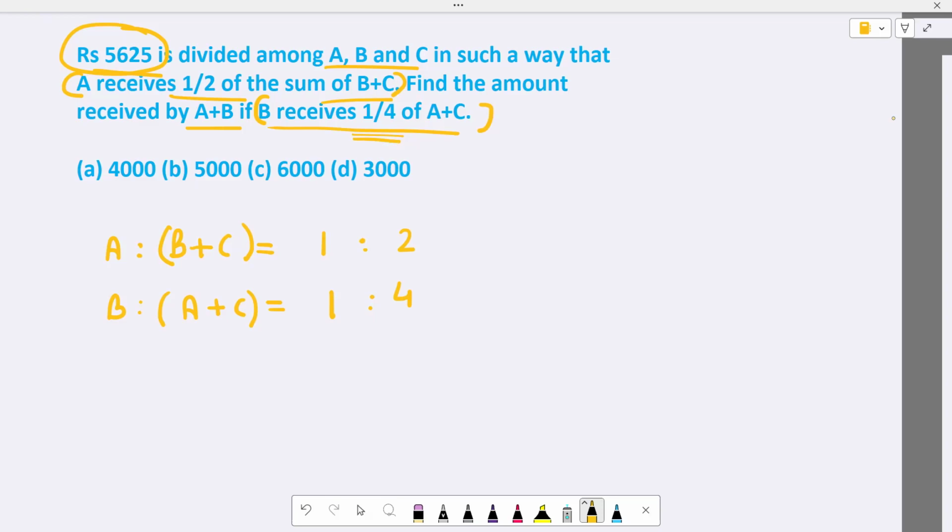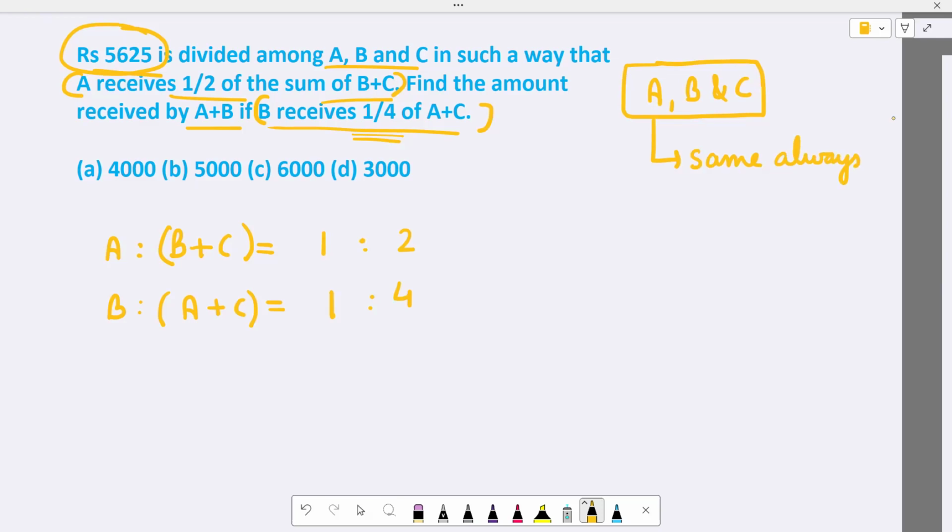Now the important part to understanding this particular question is, whenever such type of questions are given, we need to understand one thing: if there are three persons given, for example A, B, and C, the quantity of work that all these three persons can do will be the same always, no matter what happens.